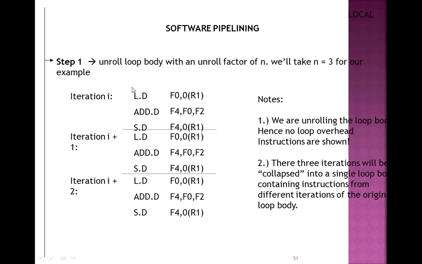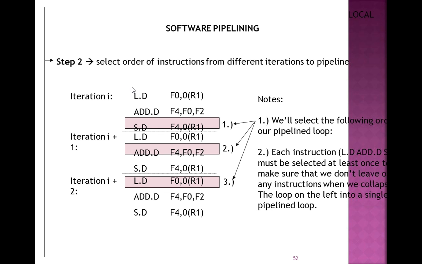Now, what is step 2? First of all, unroll the loop body, then select the order of instructions from different iterations to the pipeline. So again we are selecting the order of operations. But how can we select the order of operations? We will select the following operations for the pipelined loop.